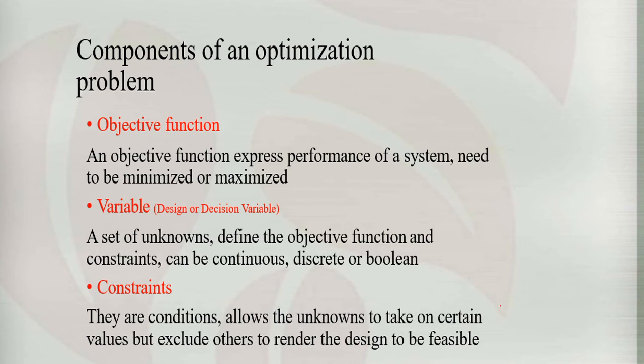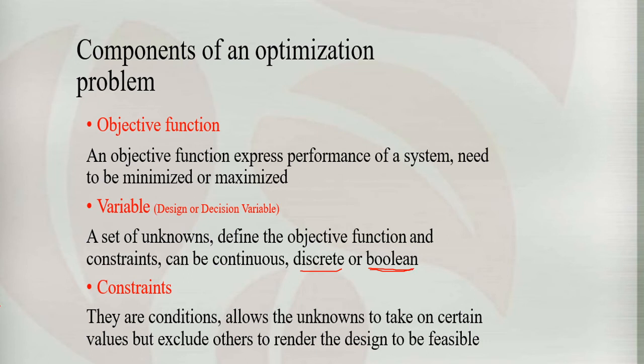When you talk about discrete, this could be a categorical value, for example a dog, cat, elephant, or buffalo, whatever it may be. Or it could be boolean, where the inputs are only 0 or 1, or yes or no. Boolean inputs are binary values: 0 means no, 1 means yes.